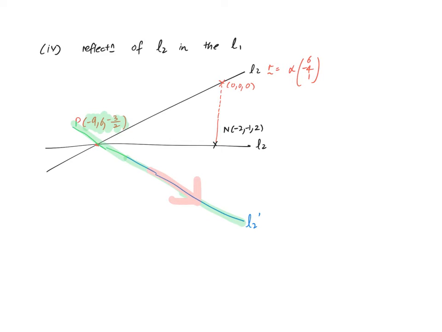So we're going to find a direction vector. Maybe I can look for another point here. Maybe I first find the reflection of the origin in the line L1. How about that?